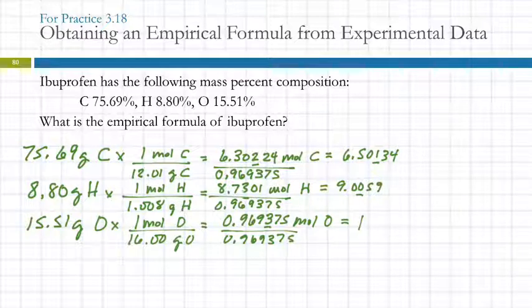Question. Now I could round the 9. Can I round 6.5? Nope. That's 0.5 away from the nearest whole number. Not close enough. So I need to multiply. So let's try 2. Let's take that number and multiply by 2. 13.0026.